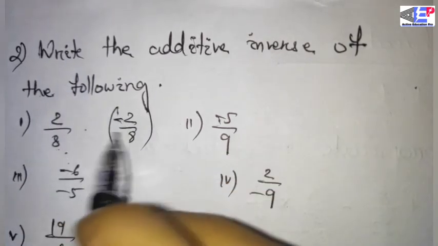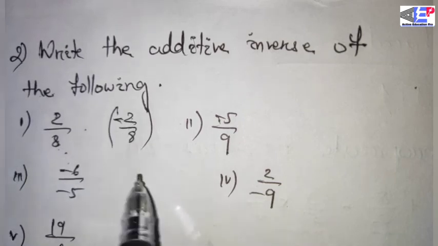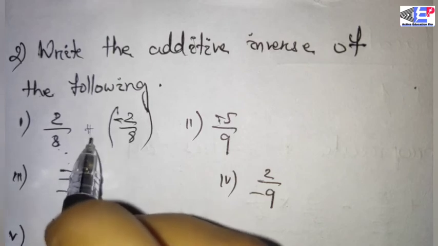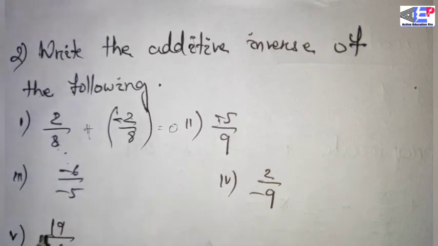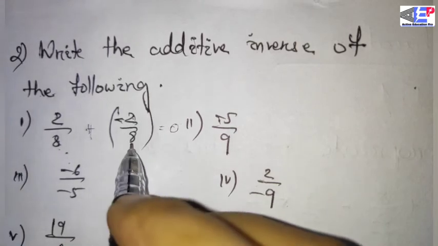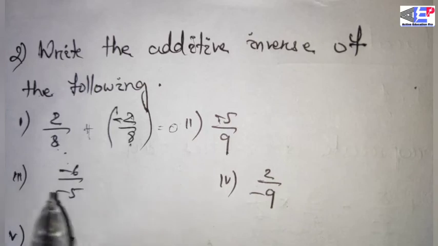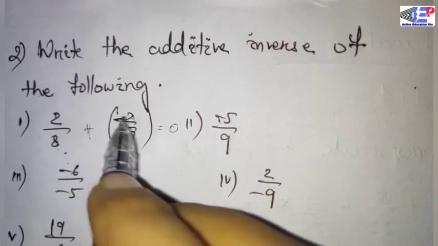Just change the sign. 2 by 8 is a positive rational number and minus 2 by 8 is a negative rational number. If you add both these two numbers, your answer is the additive identity, 0. So minus 2 by 8 is your answer. Don't change its position, don't cancel it, just change the sign.